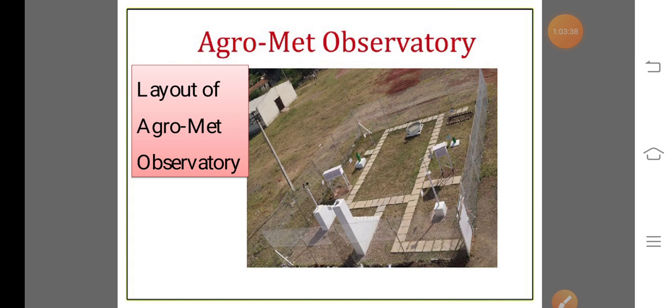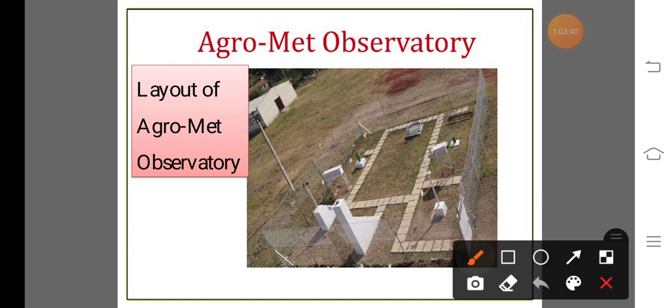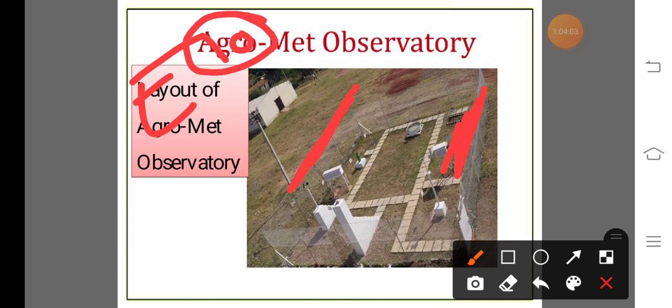Now the next, in case of an Agromet observatory, all sites, particularly the eastern and western sites, should be away from free structures or big structures. If a structure is available, suppose on the east side, the observatory should be away from this structure by 10 times the height of the tallest object.